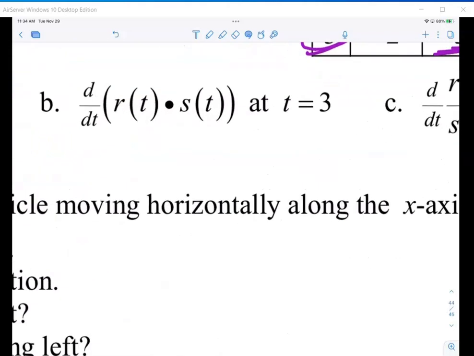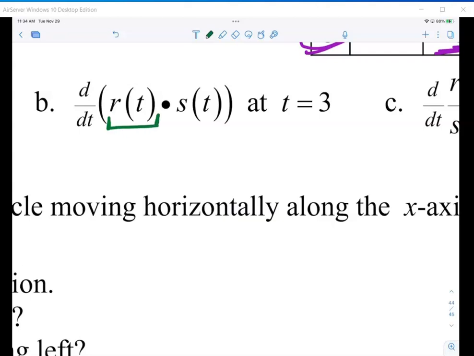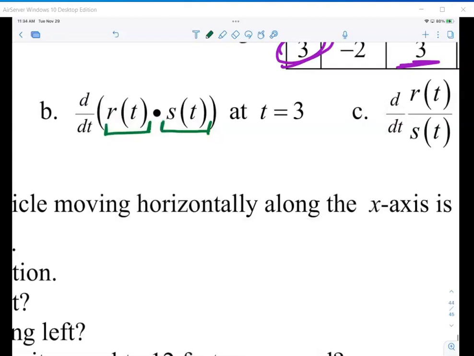Now, for letter B, you guys see this, I actually do have to do a product rule because I'm multiplying. Remember, product rule goes like this. I'm going to write it above: the derivative of the first times the second by itself, plus the first by itself times the derivative of the second.